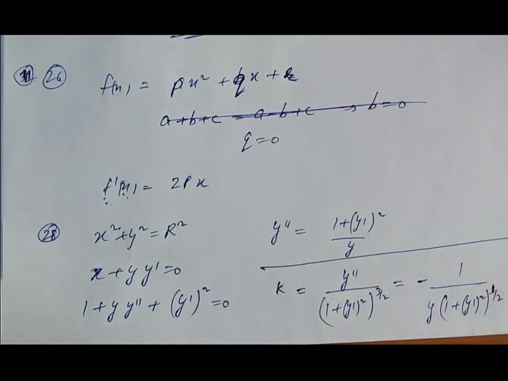Okay, and now you can calculate y dash from over here and put the value of y dash from this equation in this and simplify. Moving to next question, question number 32.